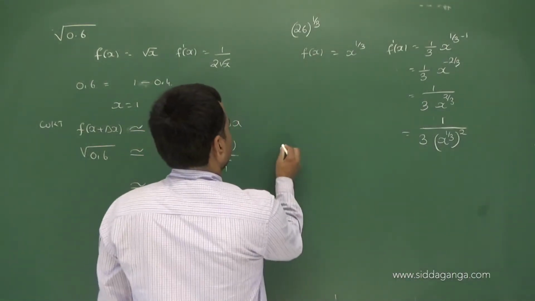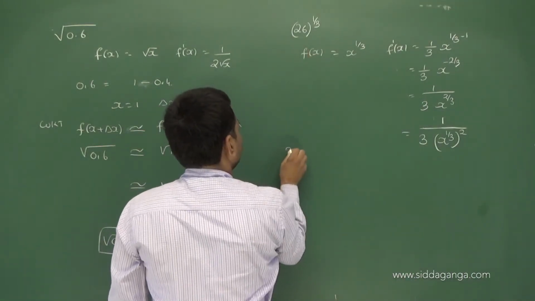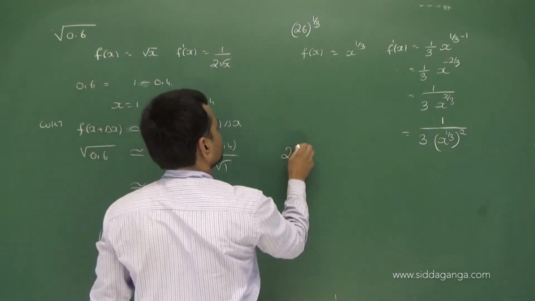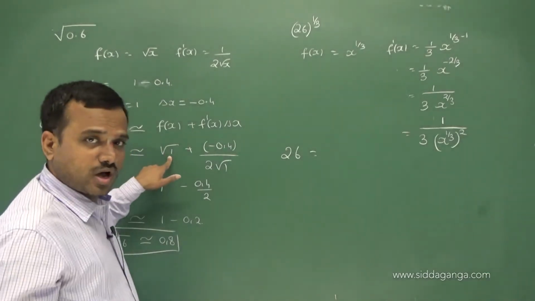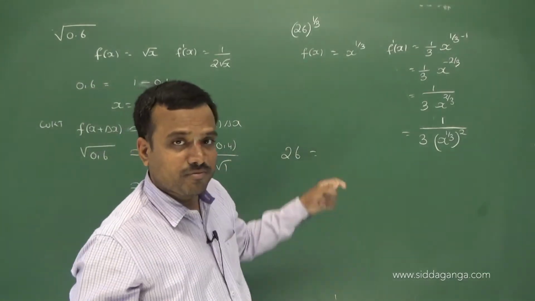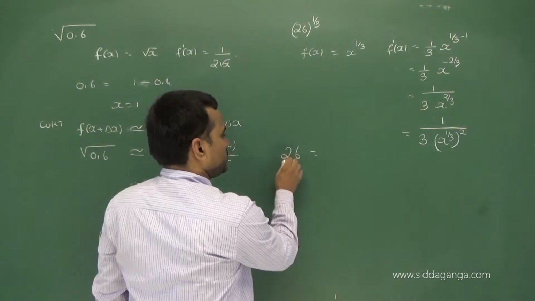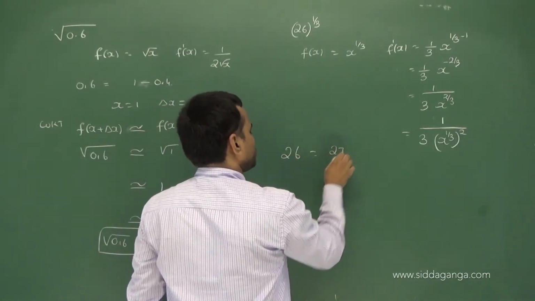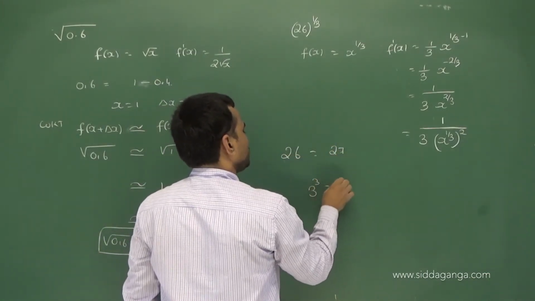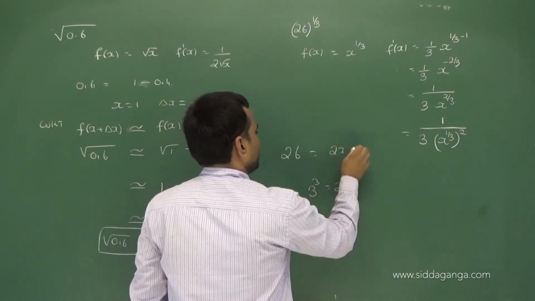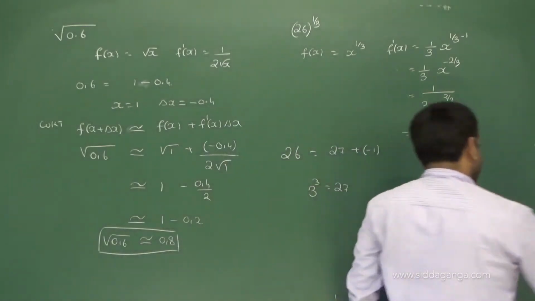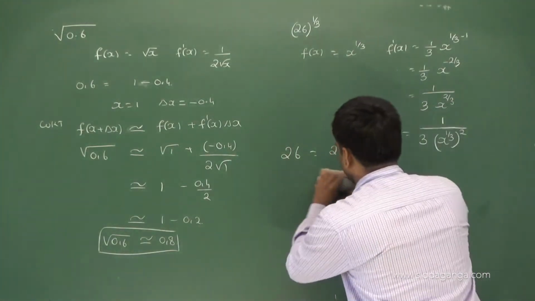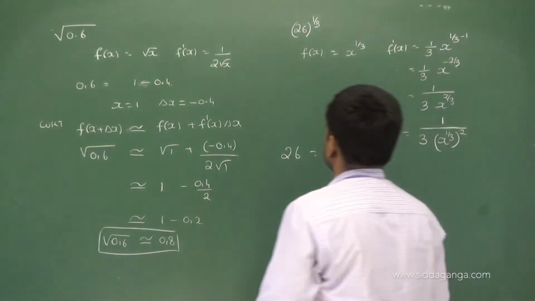Okay. Then we split the number. Same procedure. Earlier we wrote the perfect square number; here we write the perfect cube number. For 26, the perfect cube number is what? 27. 3 cube is what? 27. Plus or minus 1.